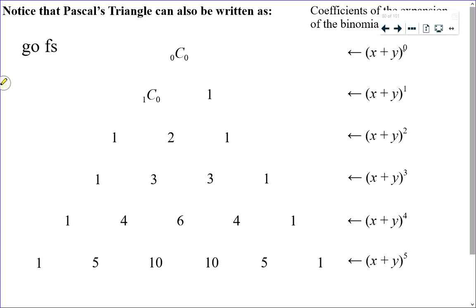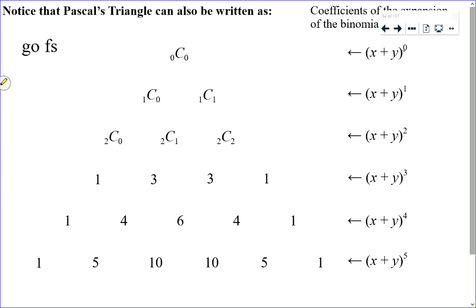How many ways can I choose no items out of 1? Well, only one way. And the second number is 1 choose 1. In the third row, that first 1 is 2 choose 0. The 2 that comes after it is 2 choose 1, and then 2 choose 2.